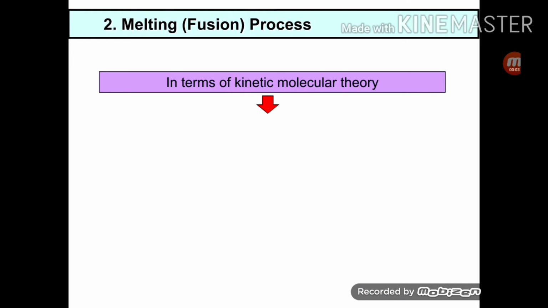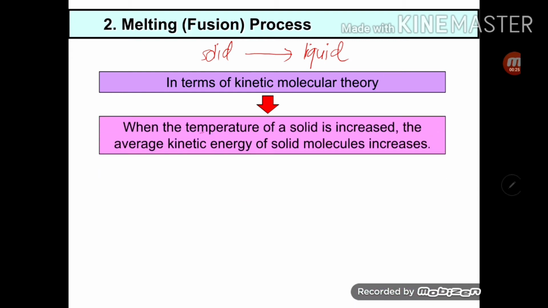Melting process. The melting process, also known as the fusion process, involves transformation from the solid state to the liquid state. In terms of kinetic molecular theory, when the temperature of a solid increases, the average kinetic energy of the solid molecules increases.